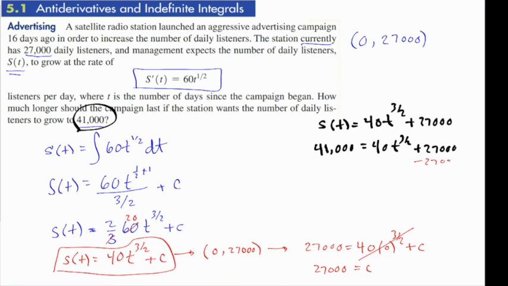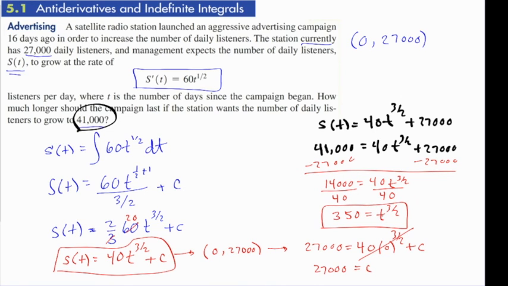So we subtract 27,000 from both sides. That gives us 14,000 equals 40 t to the 3/2. Now we divide both sides by 40, and we get 350 is equal to t to the 3/2 power.